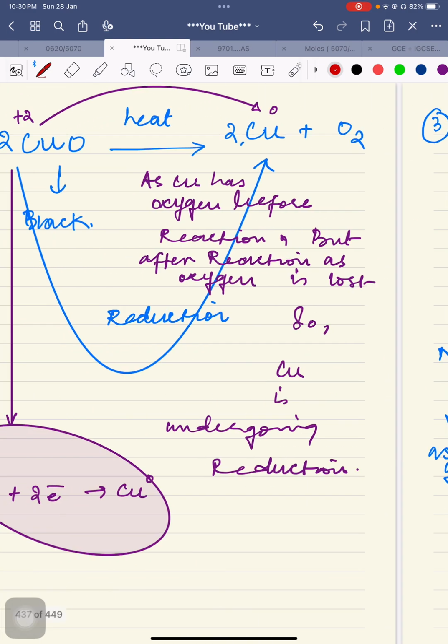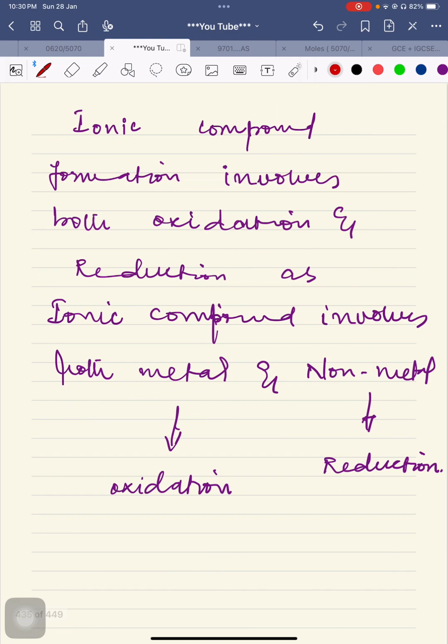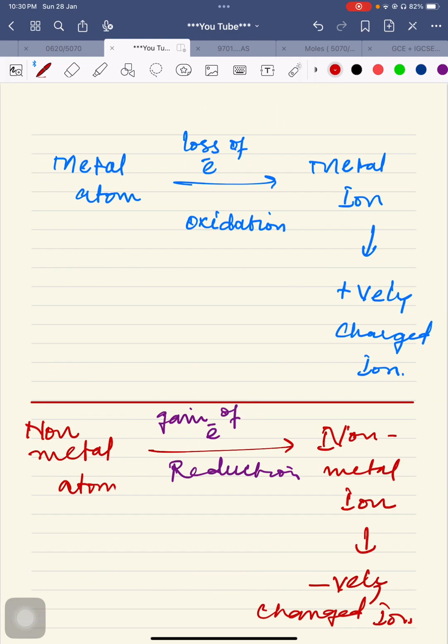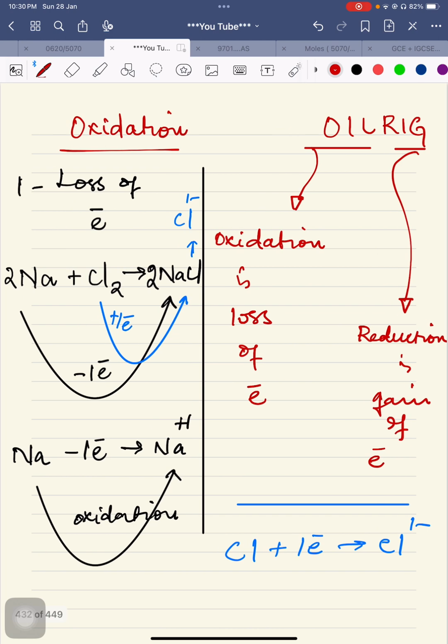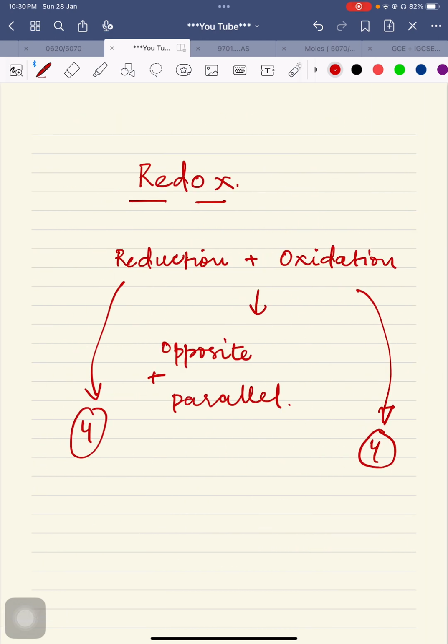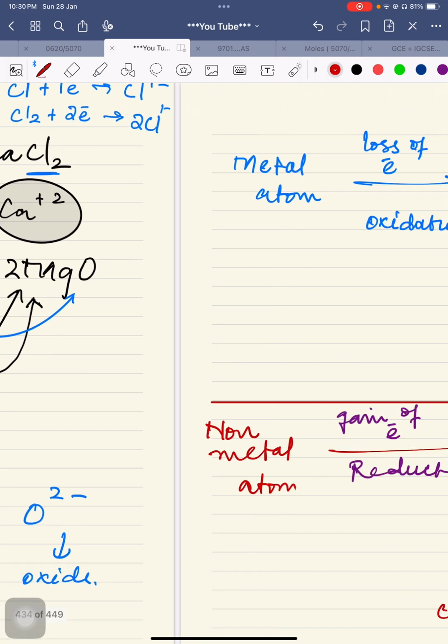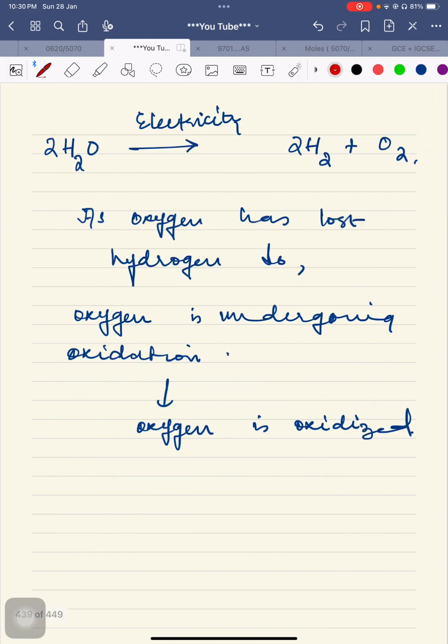In this video, I have told you what oxidation is and what reduction is, what the four definitions of oxidation and the four definitions of reduction are, and how oxidation and reduction always occur parallel but opposite to each other. After this topic, I am going to introduce you to the words oxidizing and reducing agents.